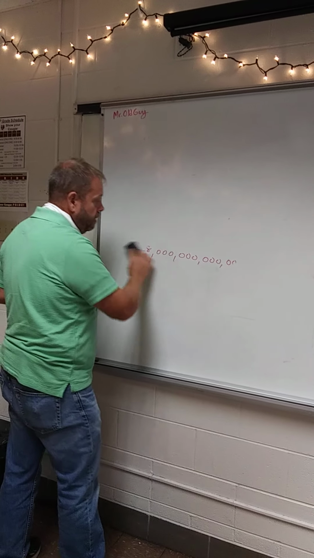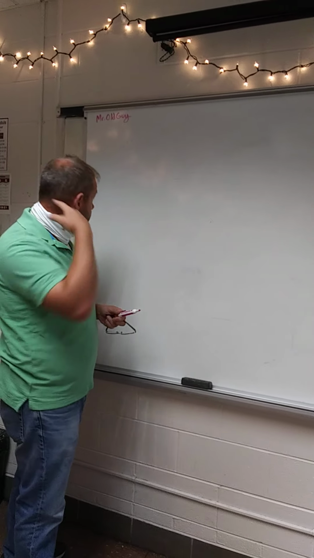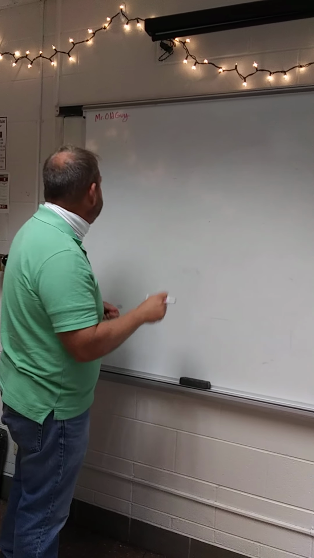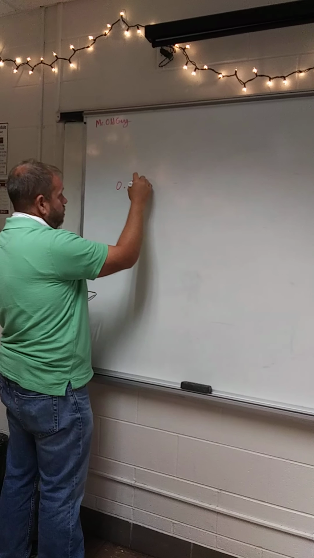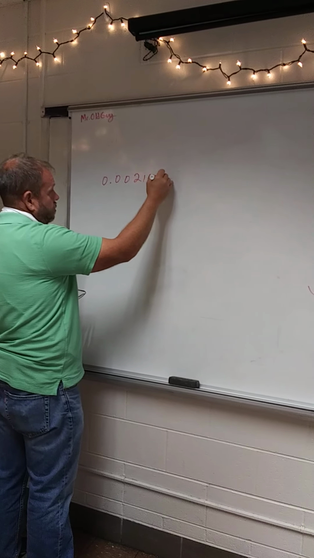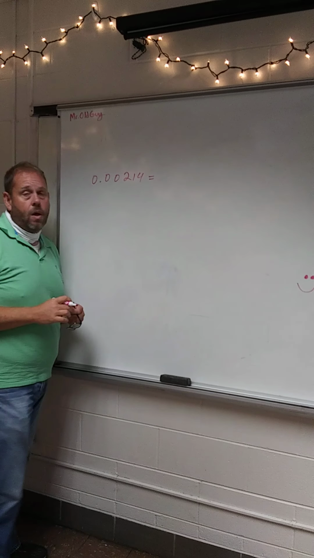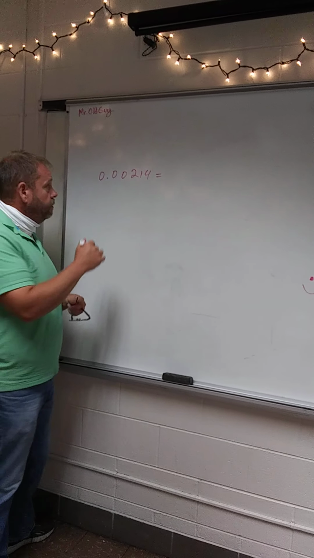Think about a number line. On a number line, the positives go to the right, the negatives go to the left. It's the same deal here. Let's do this one. All right. We need to move our decimal over to the first number that's not a zero.